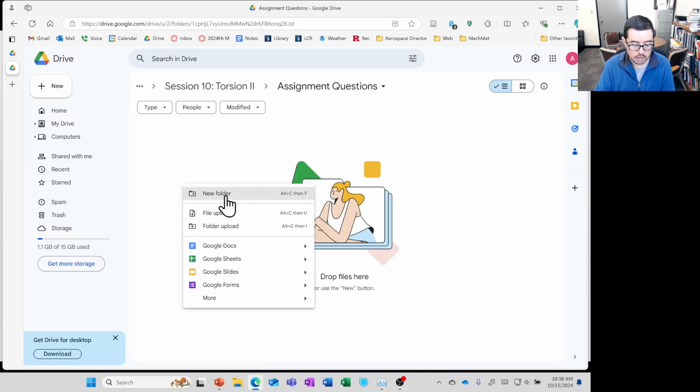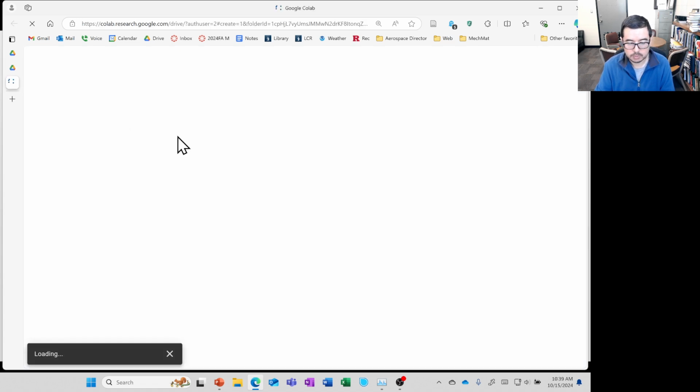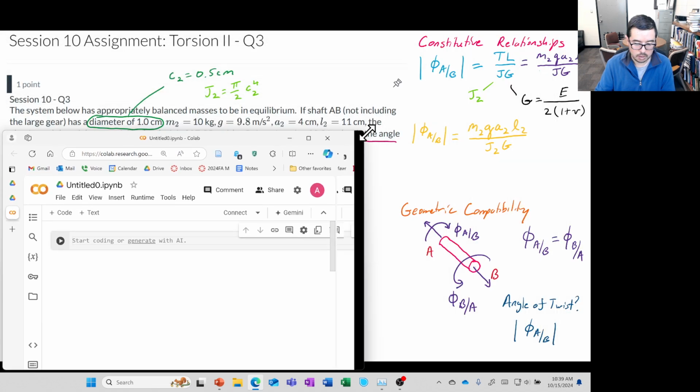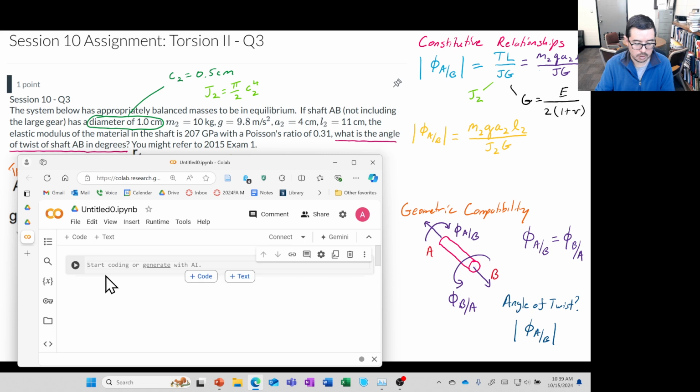Let's create a new Colab, just like this, and make this a little bit smaller so we can see what the parameters are as we're solving things. We'll import numpy. I'm not going to create a new cell, because this shouldn't be too lengthy of a problem.